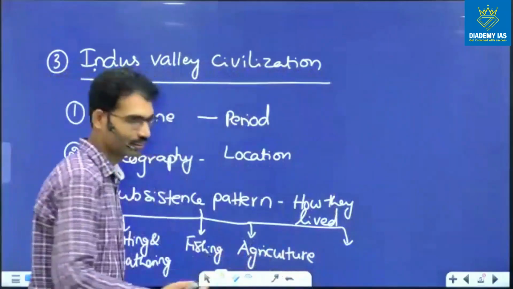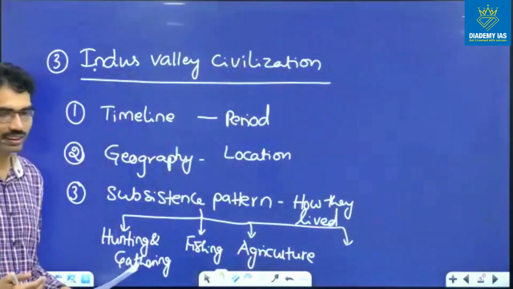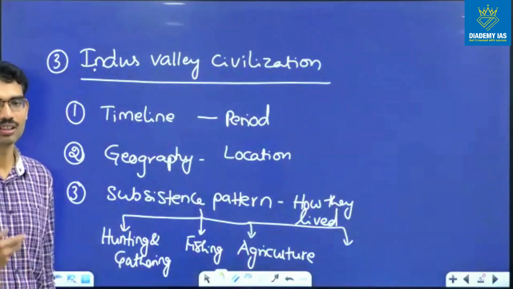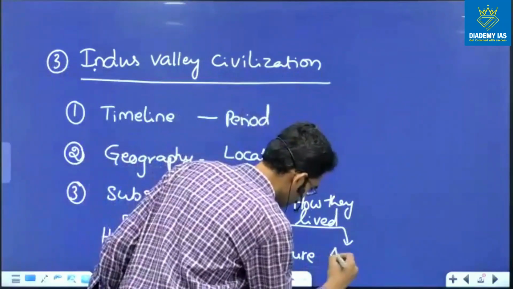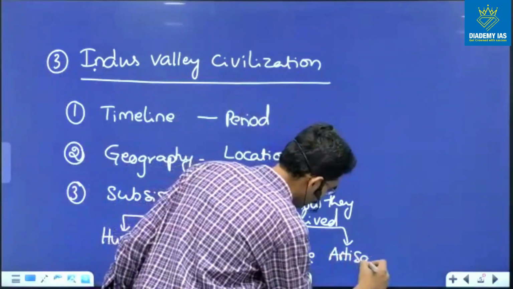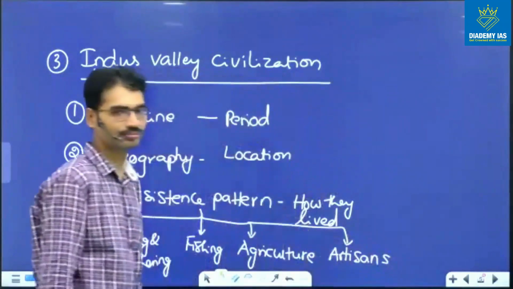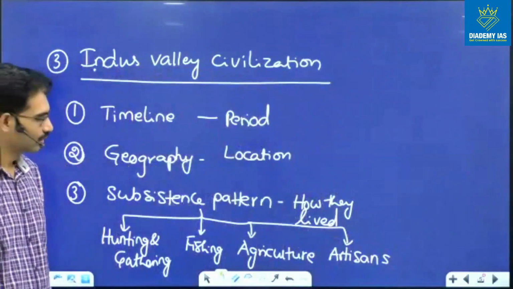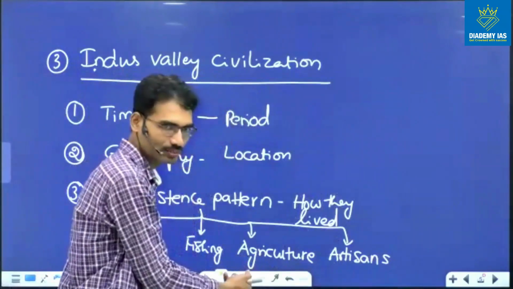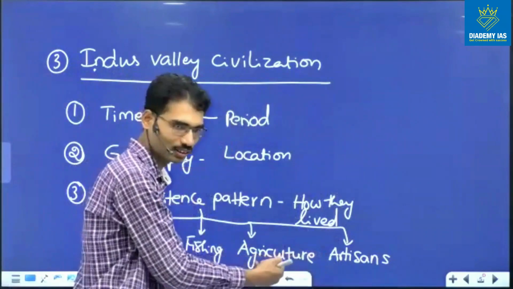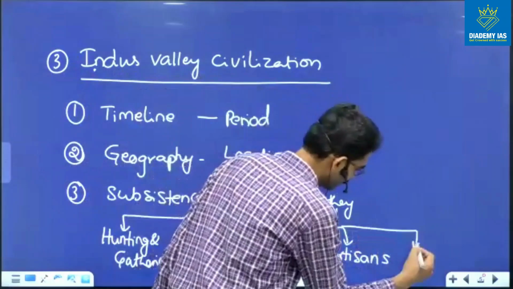After agriculture, naturally for agriculture, they require some kind of implements, arts or artisan works, industrial activities, you can say in the modern times. Then these are professionals. There must be someone who exchanges the tools, that becomes trading activities.